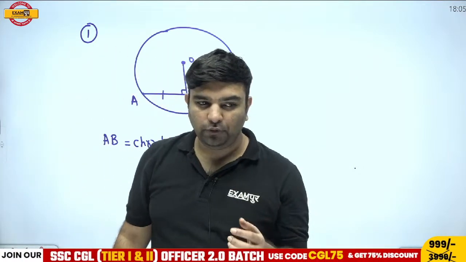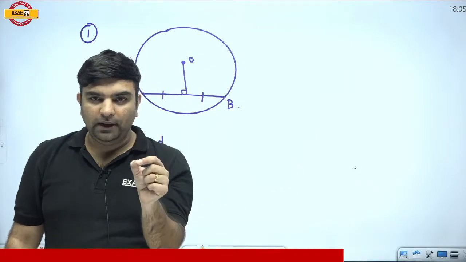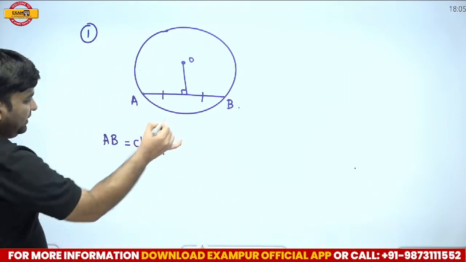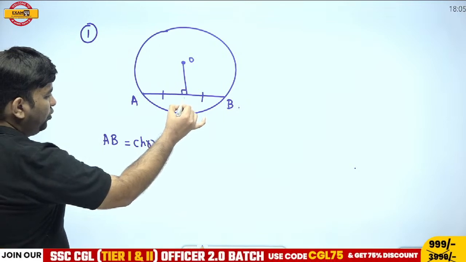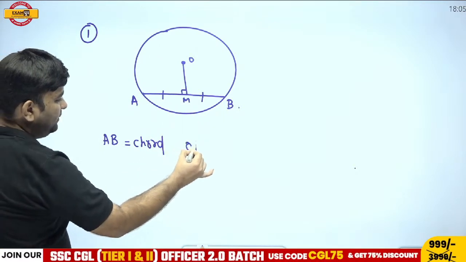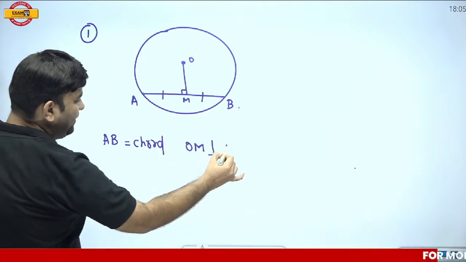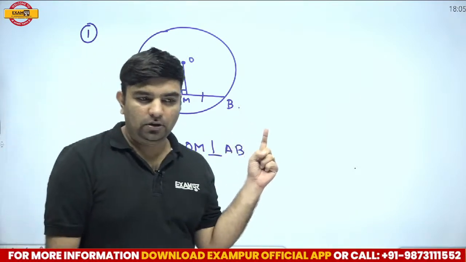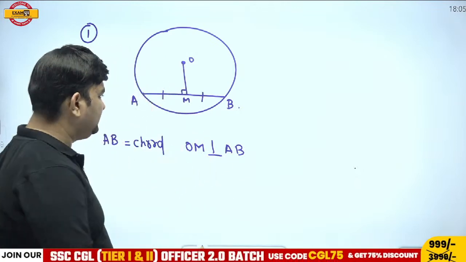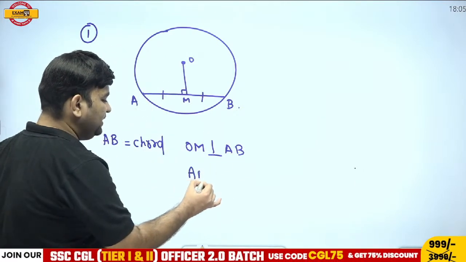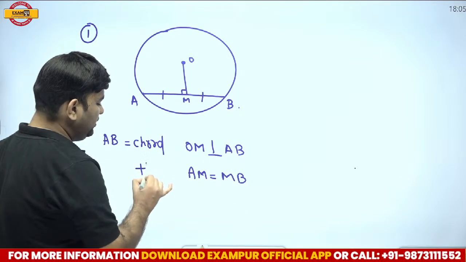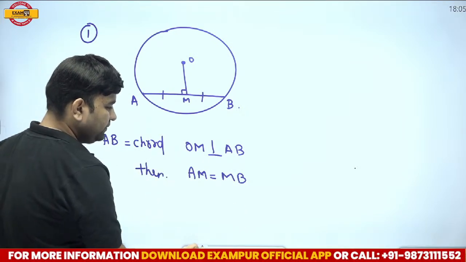Listen to me very carefully. If OM is perpendicular to AB, it will bisect the chord. This means that AM is equal to MB.